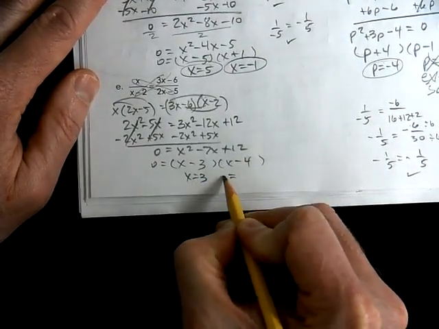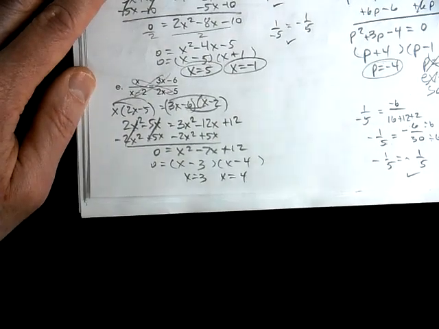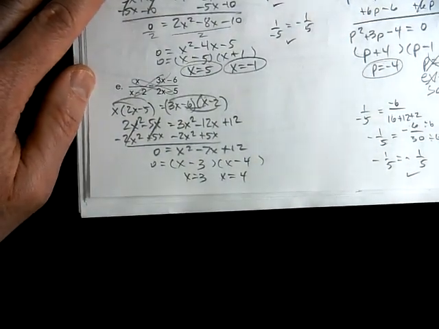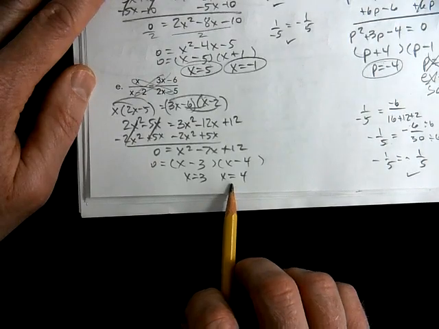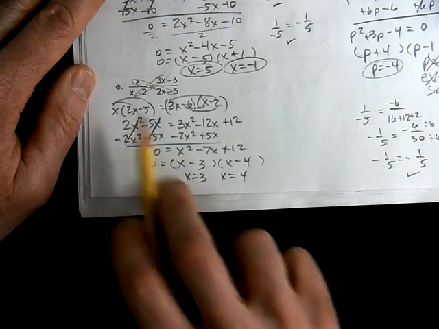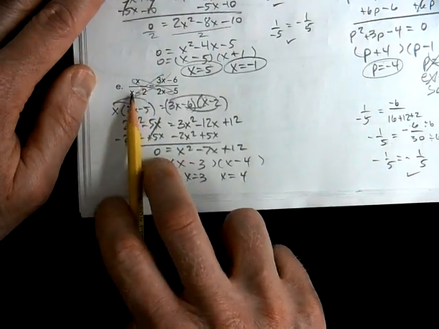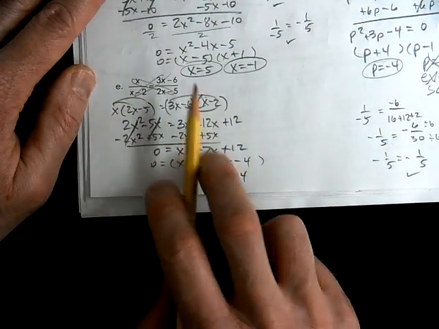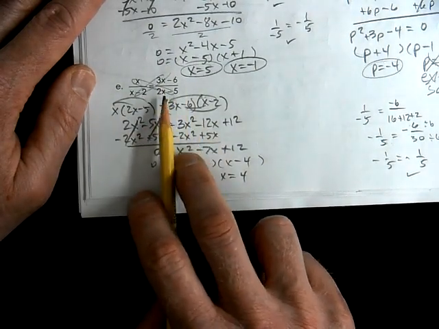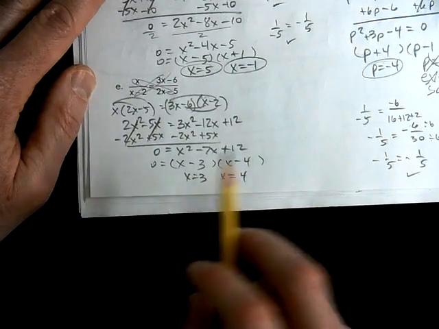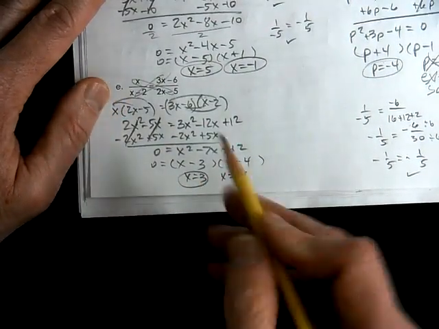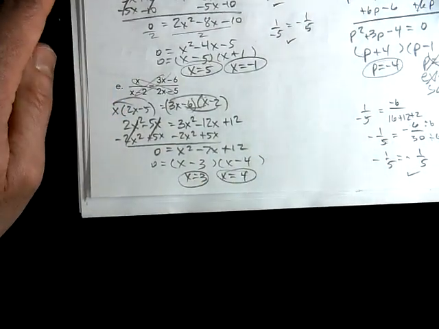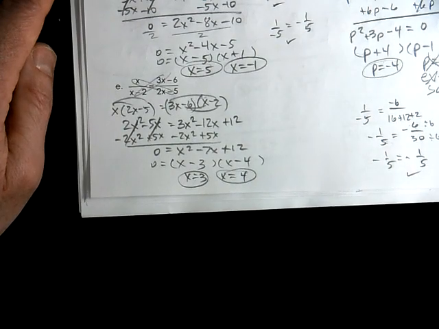X equals 3, x equals 4, by using the zero product property. Plug a 3 in here and you get 3 over 1. Plug a 3 in here and you get 3 over 1. That works. Same thing happens with the 4. So you can check them if you like.